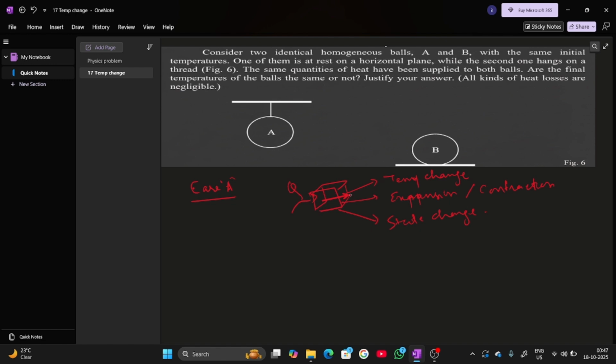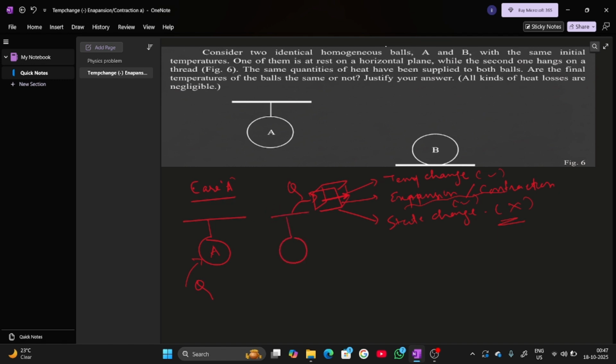As you don't know how much heat you gave, we here don't consider the state change property. We are here considering the temperature change or the expansion. So let us try on A. This is the A body. If we give some heat Q, there can be two processes. It will change its temperature, and it will also expand.